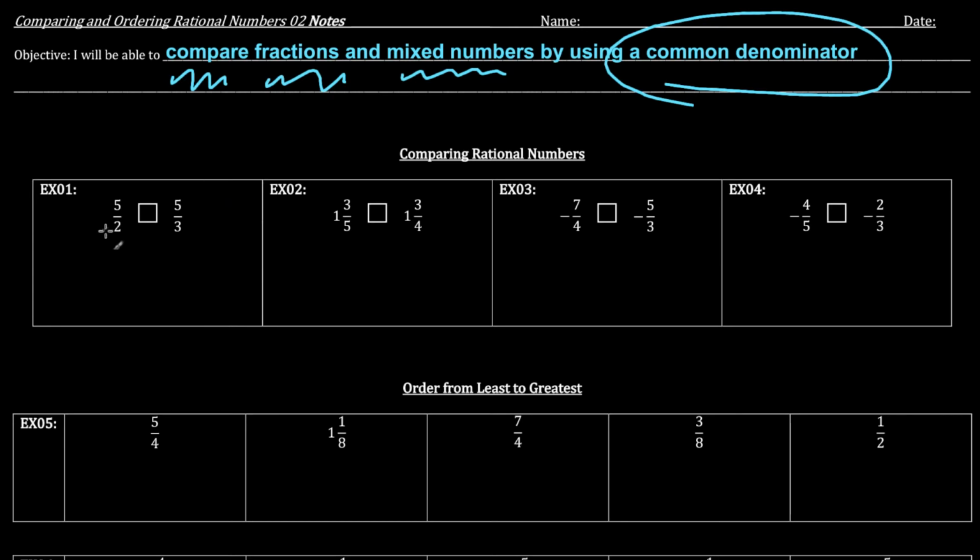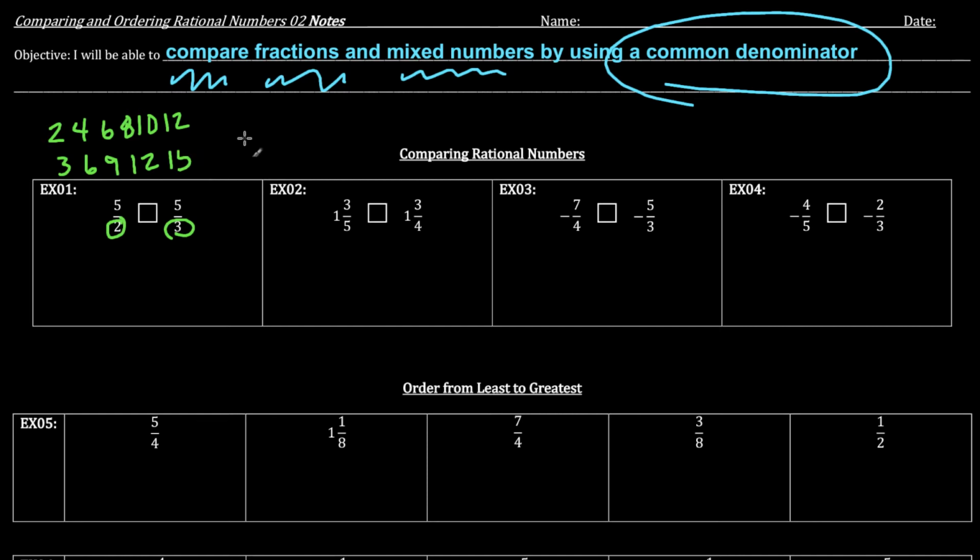So look at the denominator. We have a 2 and a 3. So we look for a common multiple. Now, if you don't know what a common multiple is, if you just count by 2's in this one, 2, 4, 6, 8, 10, 12. You keep going. And then let's count by 3's. 3, 6, 9, 12, 15, and so on and so forth.